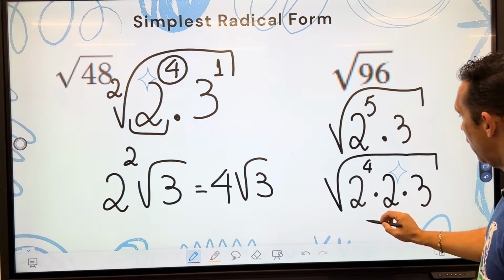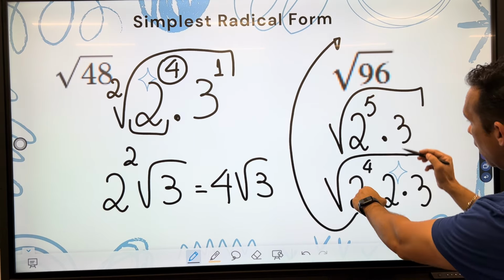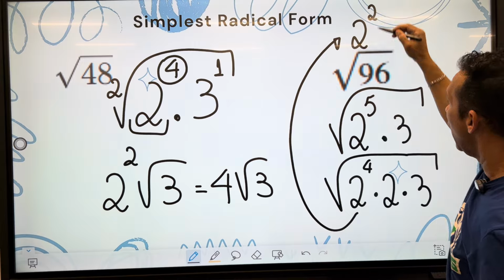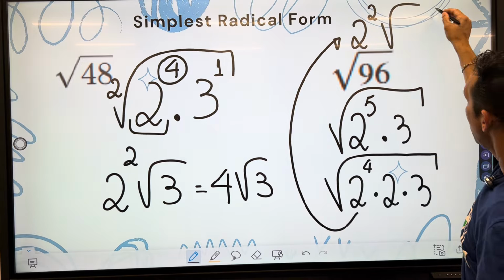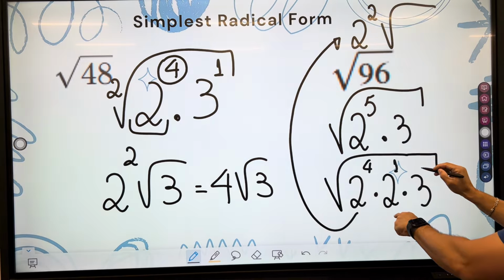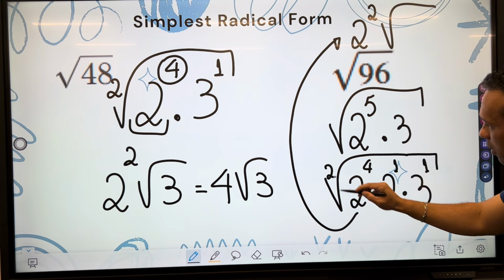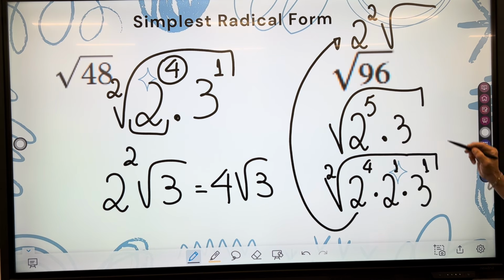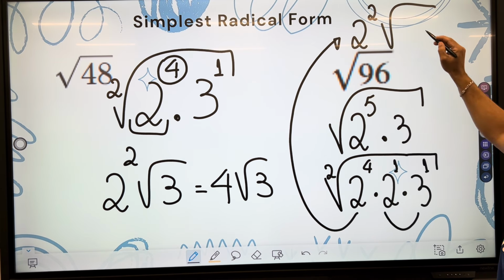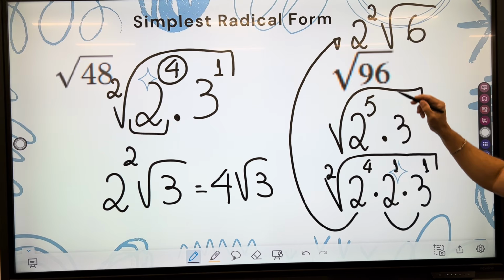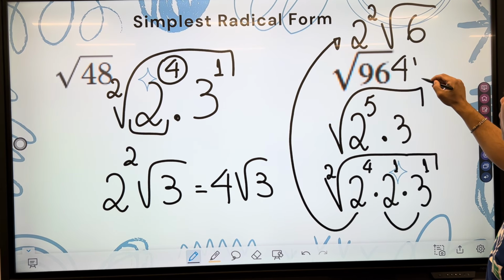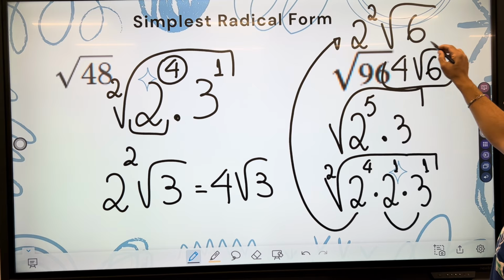That will be 2 to the power 2 outside. And these two guys can't go because they have only $1. He can't pay the 2 here. So we keep this inside as 2 times 3, which is 6. So the answer for that is going to be 4 square root of 6.